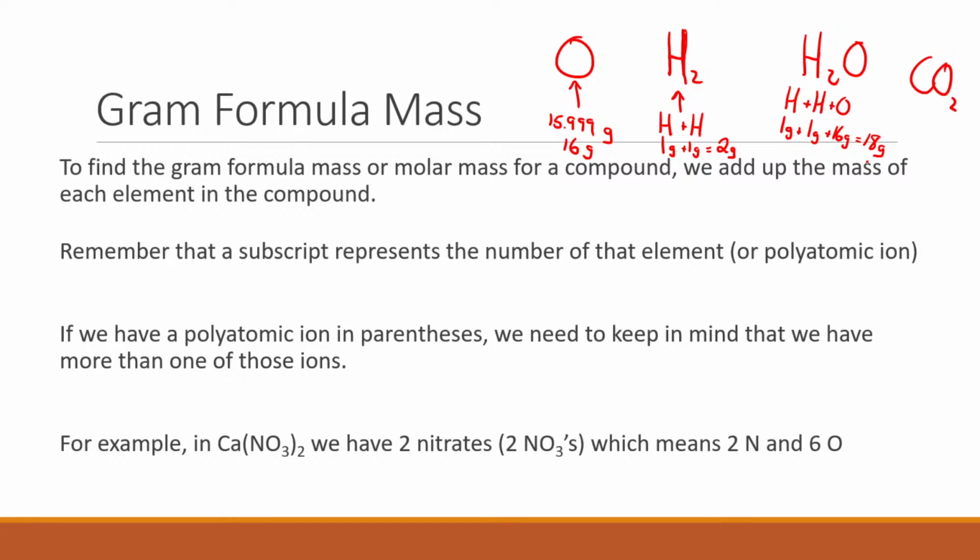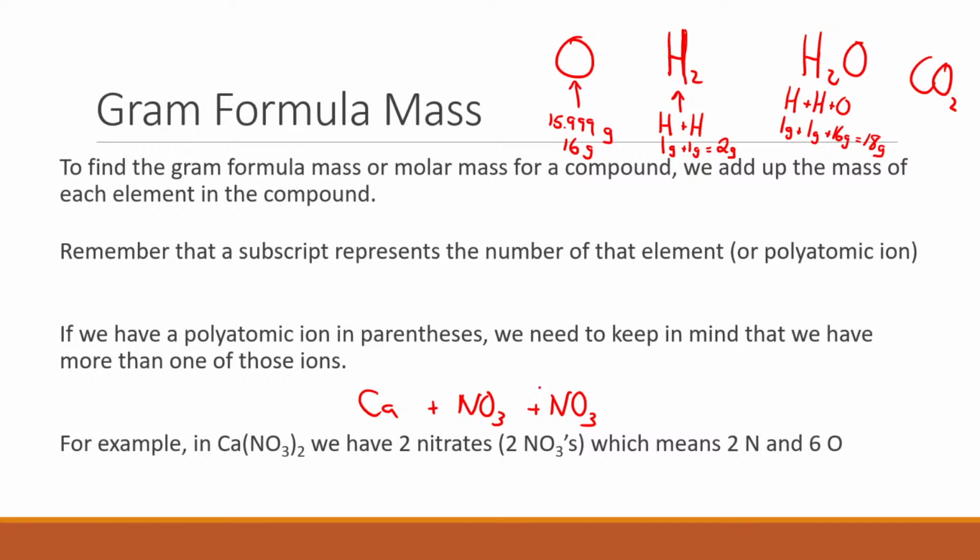Where it gets tricky is in something like this down here in calcium nitrate. In something like calcium nitrate, we have the parentheses here. And those parentheses are telling us that we actually have 2 copies of the nitrate. So we have calcium plus NO3 plus another NO3.